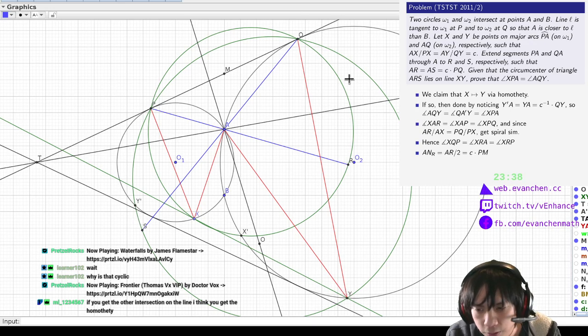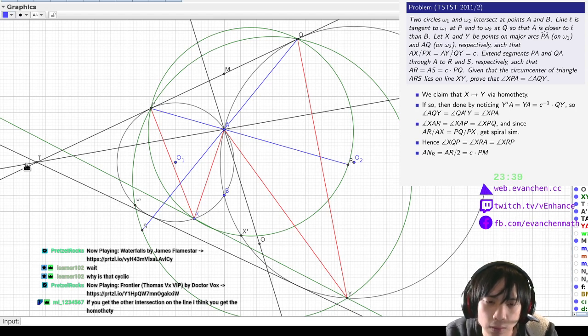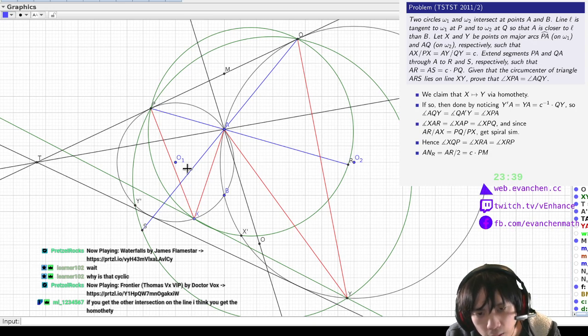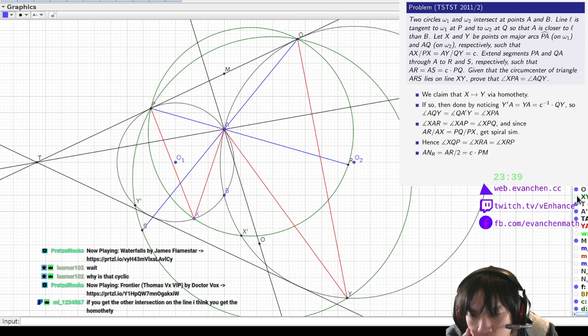So if P, Q, Y prime, then Y prime should pass through T. This is unconditionally true. It follows by some homothety argument. So where does that bring O into the picture? Can I get anything about point O?